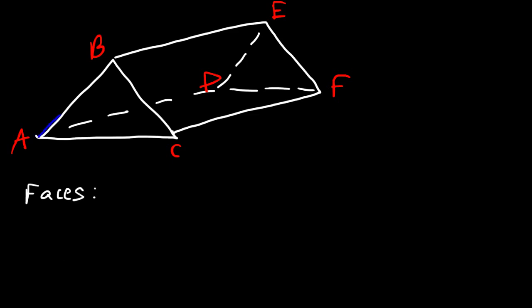So notice that ABC is one face of the triangle. Another face that we have is DEF. And also, we could say BEFC is a face of this triangular prism.